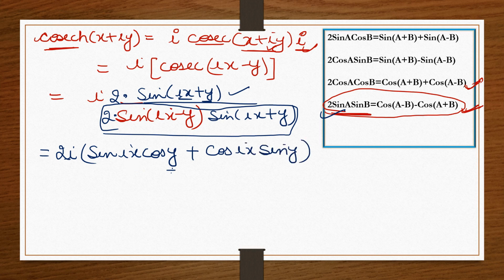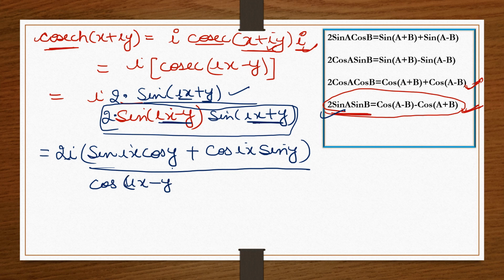Now in the denominator apply the fourth formula: cos a minus b, a is this, b is this, so cos of iota x minus y minus iota x minus y, and here we'll get minus cos.